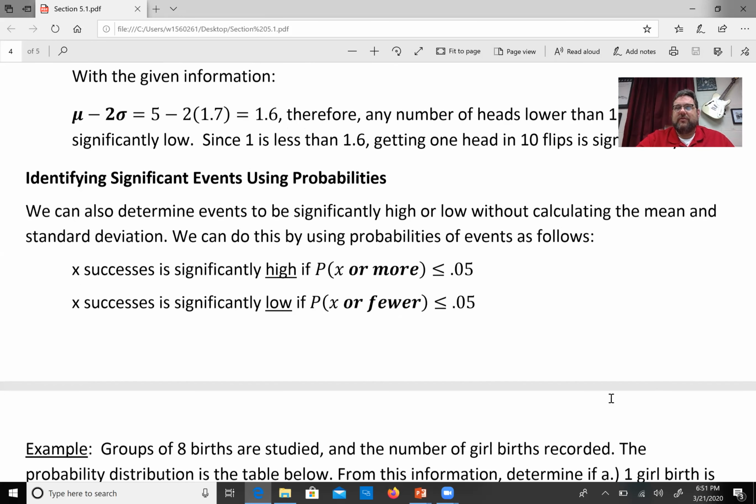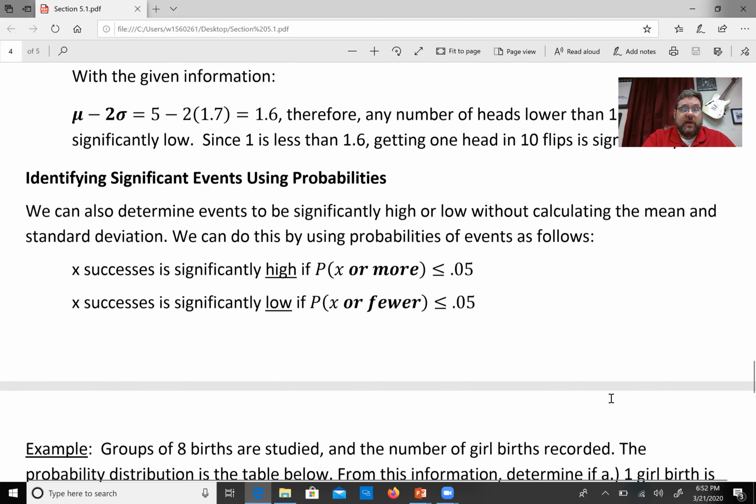A certain number of successes is significantly high if the probability of that number of successes or more is less than 0.05. A number of successes is significantly low if the probability of that number or fewer is less than 0.05. So in both cases, that probability is going to be less than 0.05. So let's look at an example to see how that works.